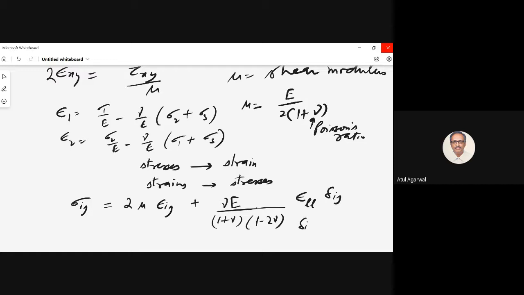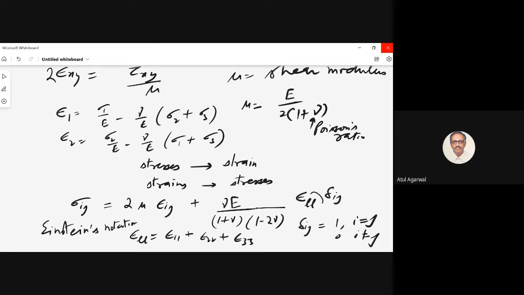So delta ij, you already know, is equal to 1 if i is equal to j, and epsilon ll means epsilon 11 plus epsilon 22 plus epsilon 33. I already explained Einstein's notation to you. So this is like a dummy index whenever it repeats. So this is two L's, not a mu. Okay. So this is given like this.